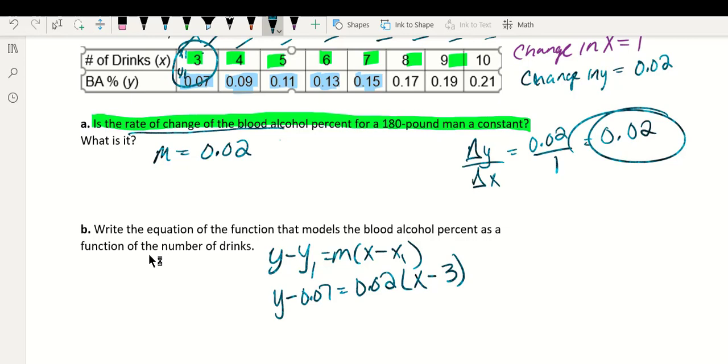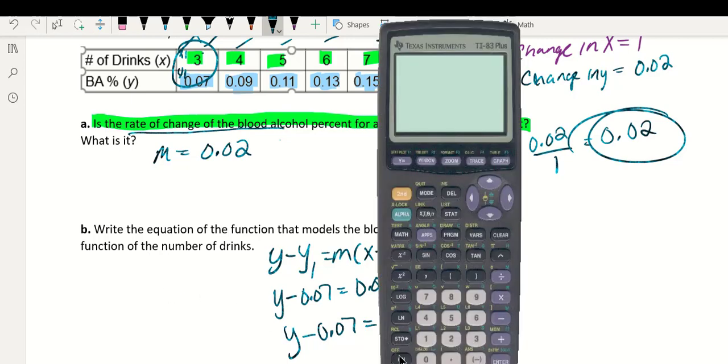So once I've done that, I have y minus 0.07 equals 0.02x, and then 0.02 times 3. Let me make sure I'm not tripping, and I got 0.06.